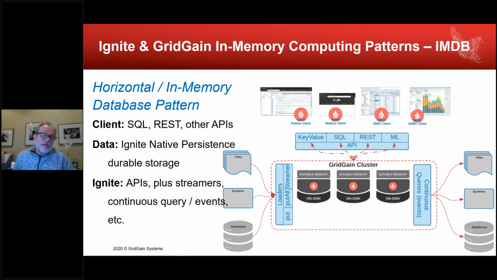Once someone has sent me a CSV file for my latest product database, they don't necessarily guarantee that they're going to keep the product file around for you to FTP it for the next 2 months. No, you're responsible. You are a database. So that's the IMDB pattern. It's horizontal. It moves data in and into the cluster. The cluster is using persistence on disk for reliability and consumers above it.